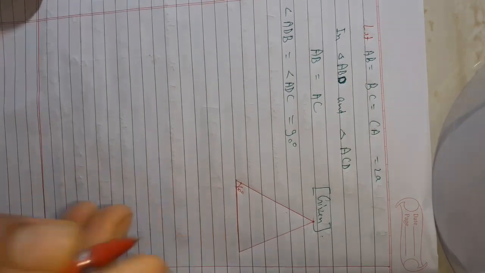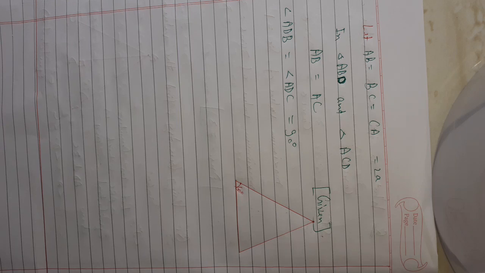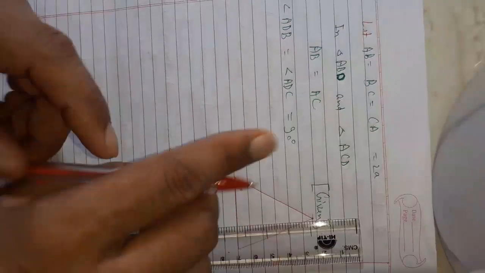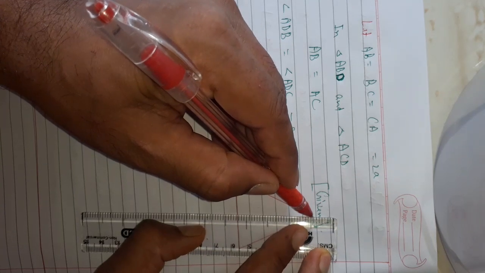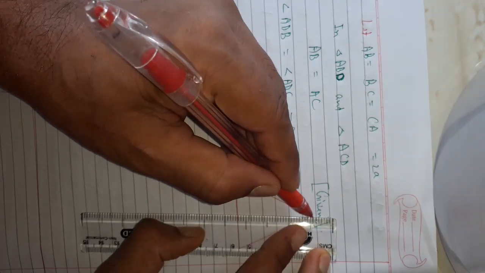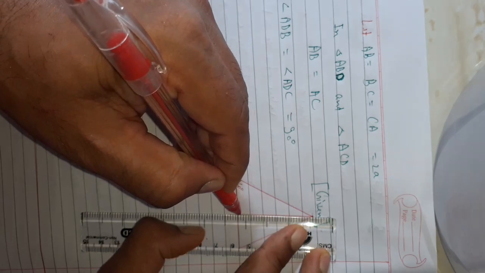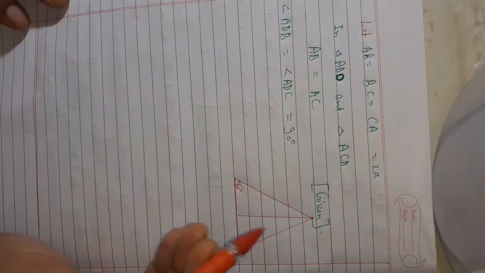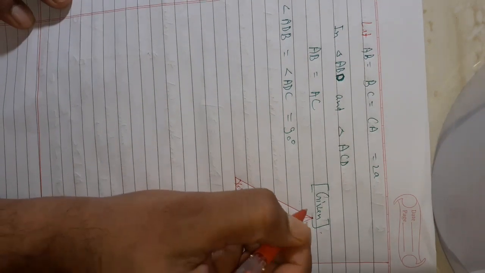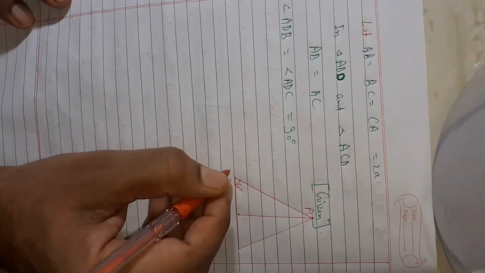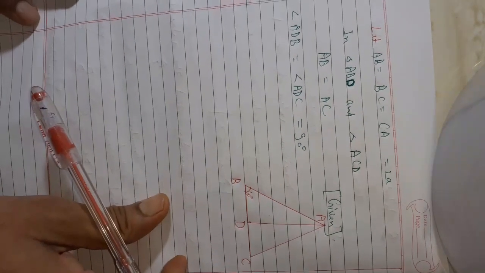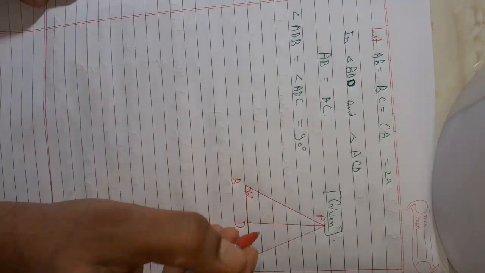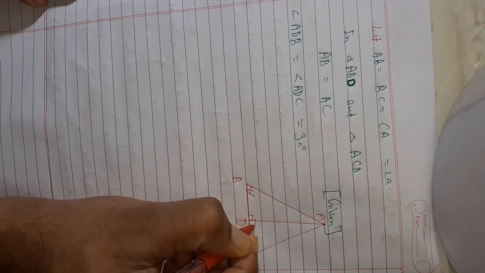This is also 60 degree. Now this is the perpendicular. So here is A, B, C and D. Clear? Then this is 90 degree, this is 90 degree.